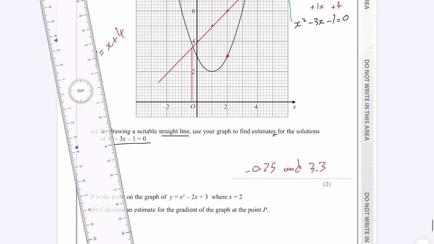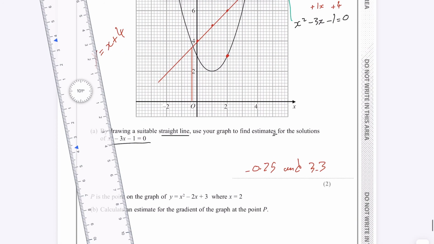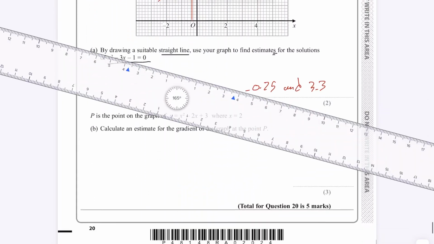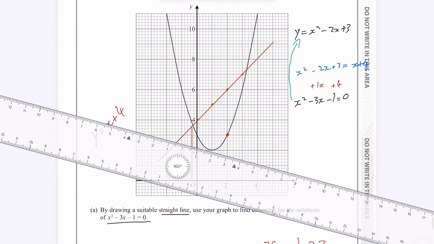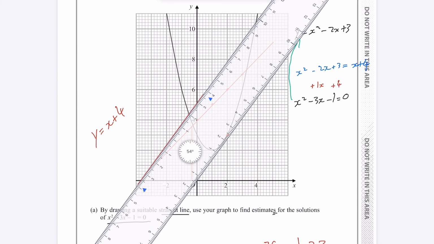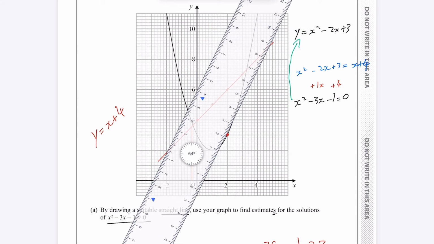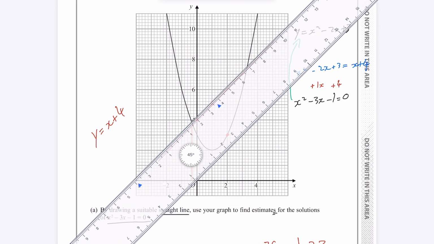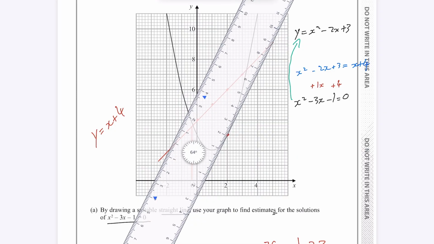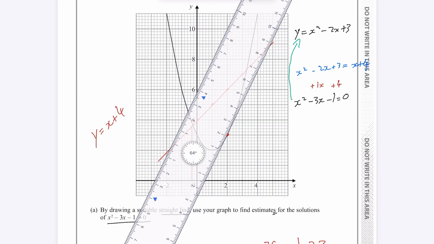And it says calculate the estimate for the gradient at point P. So we're going to draw a line at point P to work out the gradient. So if I now come over here and draw a line at point P, that would be through there.